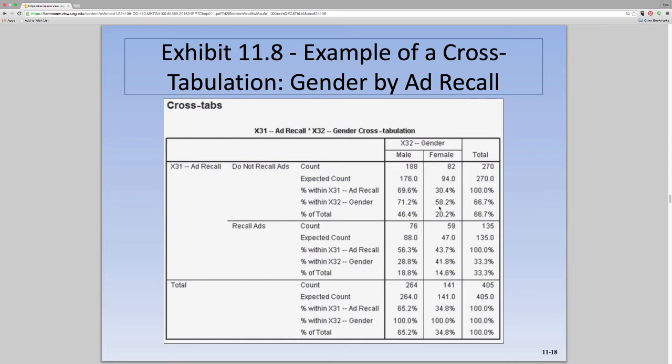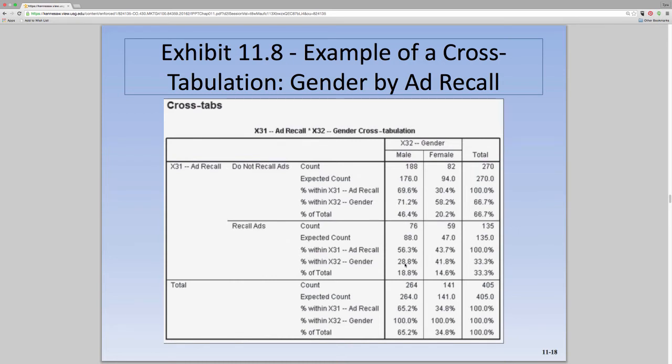So this is where you have to really think about what it's saying. Now let's drop down here to recall the ad. We've got 135 that did, 59 of which were female and 76 of which were male. We've got, of the total, 18.8% of the 33% that recalled the ad were male and 14.6% were female. When we go up here and we look at gender, 41.8% of females recalled the ad. And if you add this number to this number, you get 100.